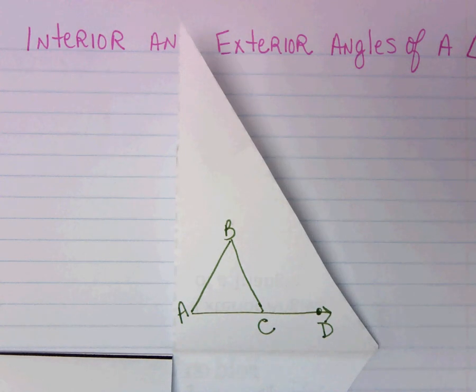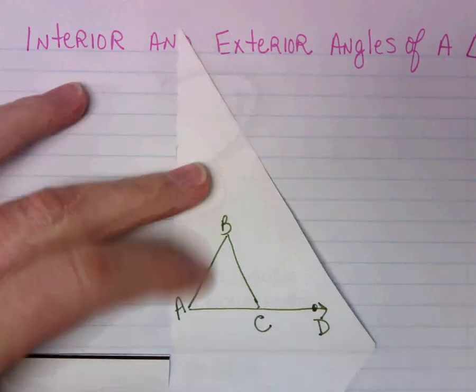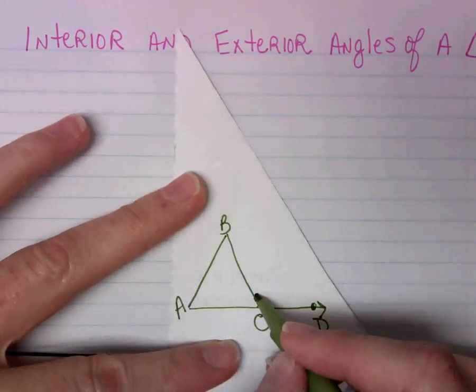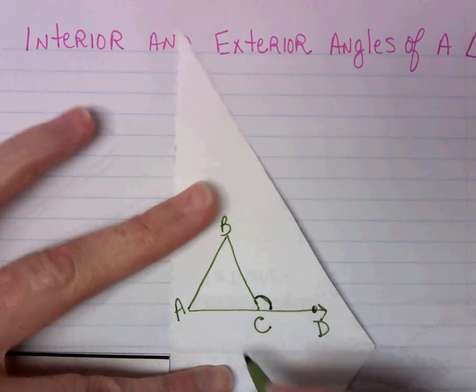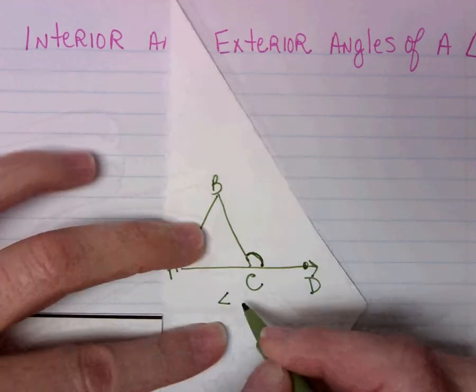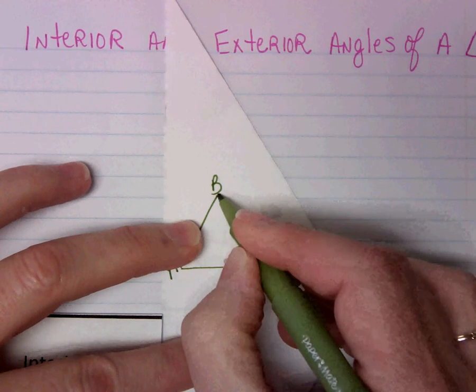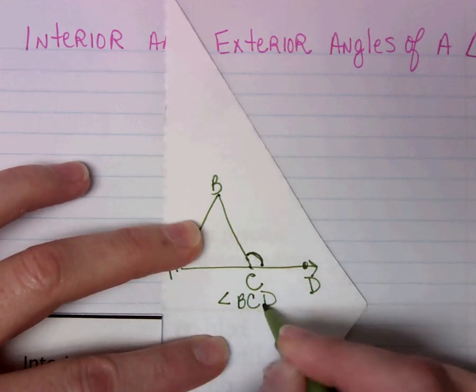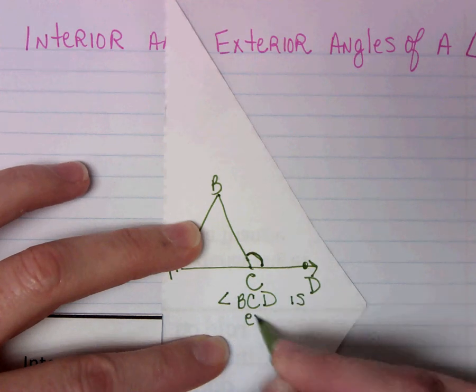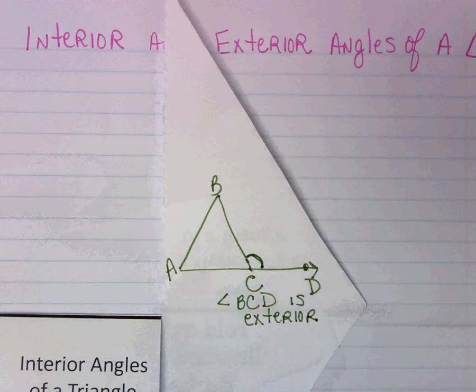So when I talk about exterior angles of a triangle, I'm talking about the angles that might be formed on the outside. So see this angle right here? Angle BCD is an exterior angle. It's outside the triangle. Okay?